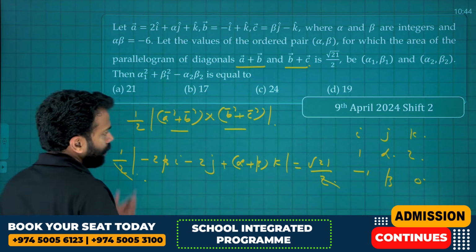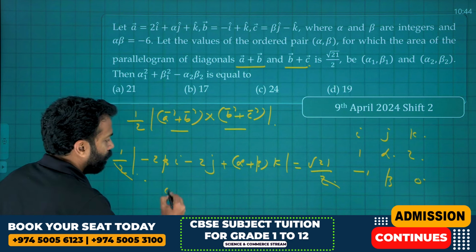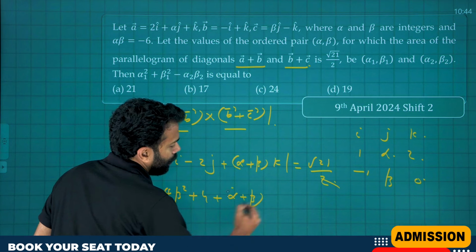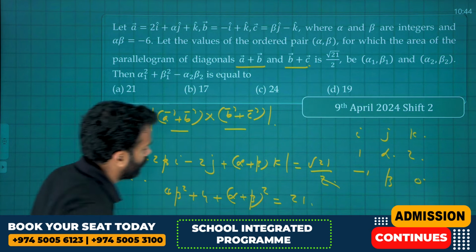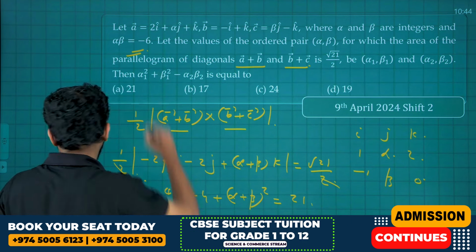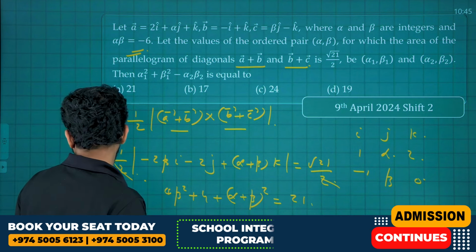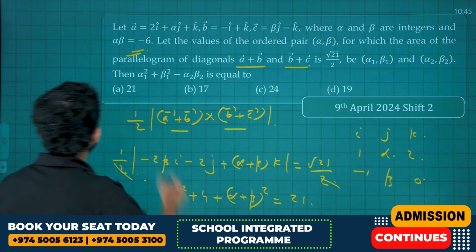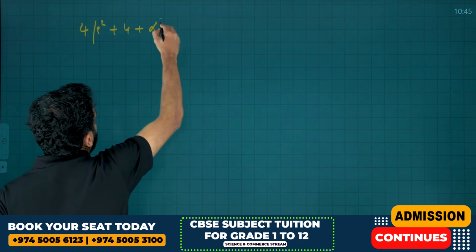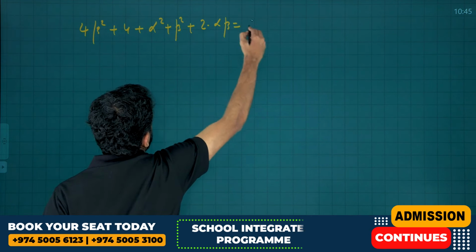Take the magnitude, square both sides, you will get 4 beta square plus 4 plus alpha plus beta, the whole square, is equal to 21. And the additional data is alpha beta is equal to -6, crucial one. Next slide. That is, expanding it: 4 beta square plus 4 plus alpha square plus beta square plus 2 into alpha beta is equal to 21.